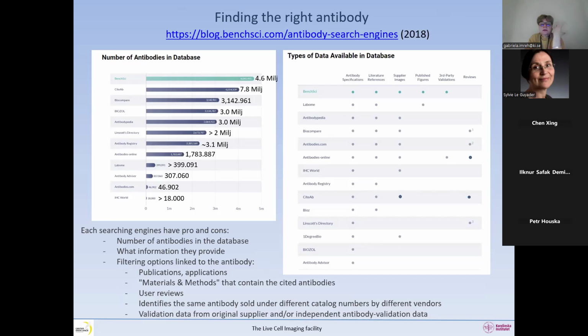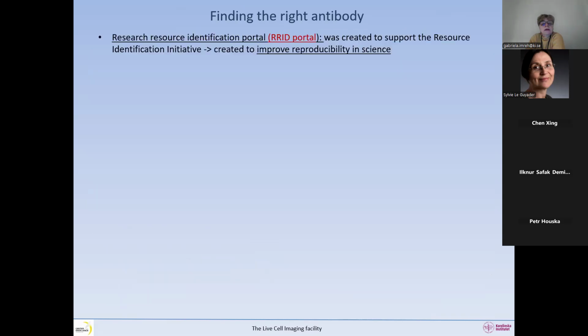And probably one of the most important pieces of information: they tell you if the antibody was validated, whether the validation was done by the supplier, or whether they provide independent antibody validation data. So they are very useful search engines when looking for antibodies.